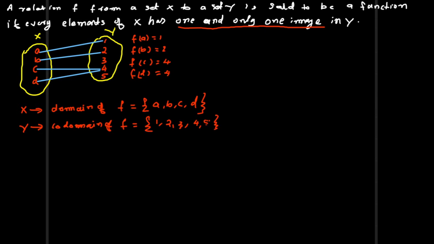Then the images of the elements, that means 1, 2, 4, we denote by f of x, that is the image of a, b, c, d. We call this the range of the function f.